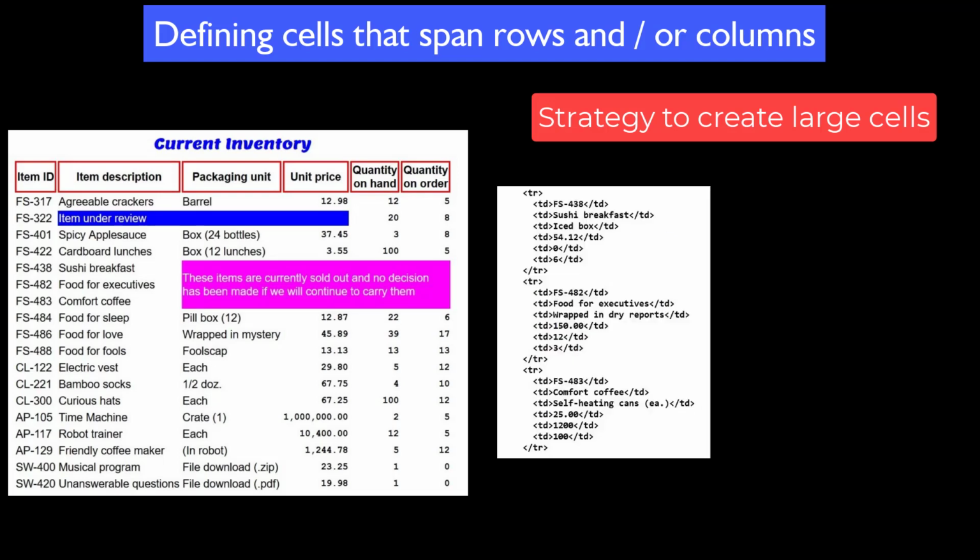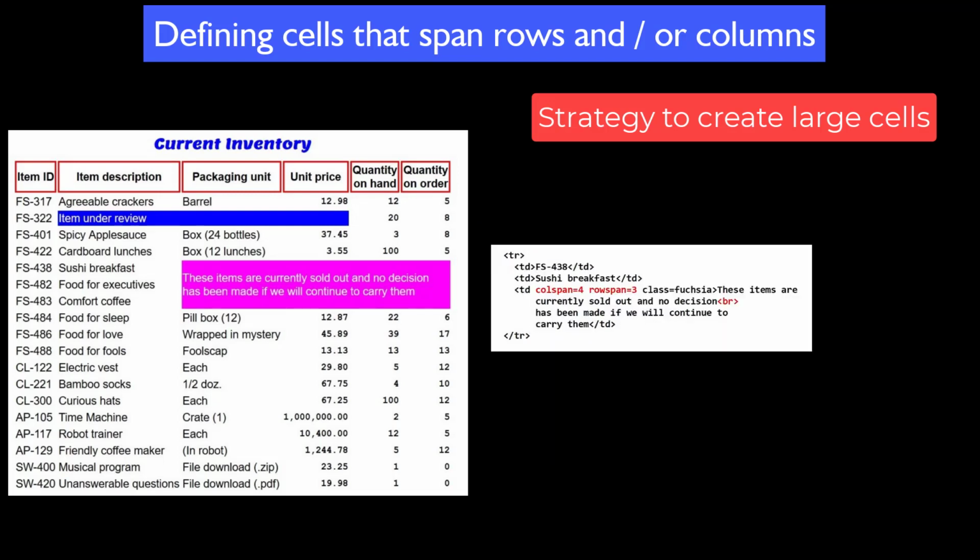For the second block, we started in this row with the first cell of FS438 and went to the third cell in that row. And we added colspan and rowspan in that cell. So here we have TD FS438, TD sushi breakfast, and now TD colspan equals 4 and rowspan equals 3, and our class and our text.